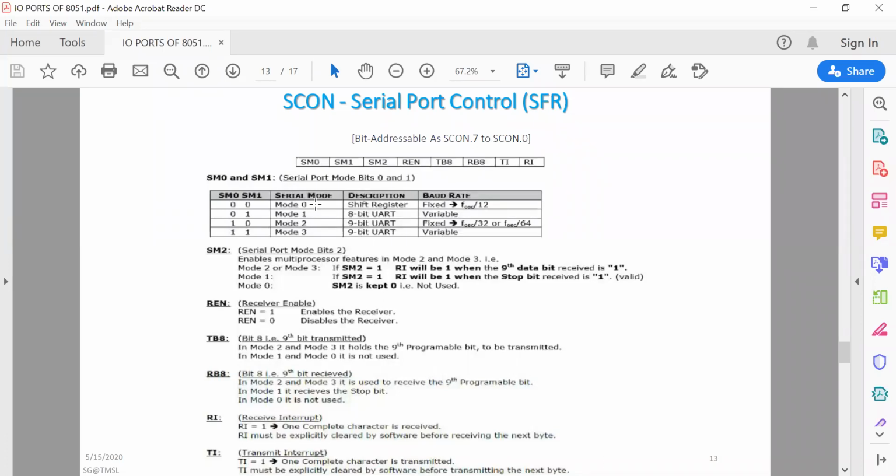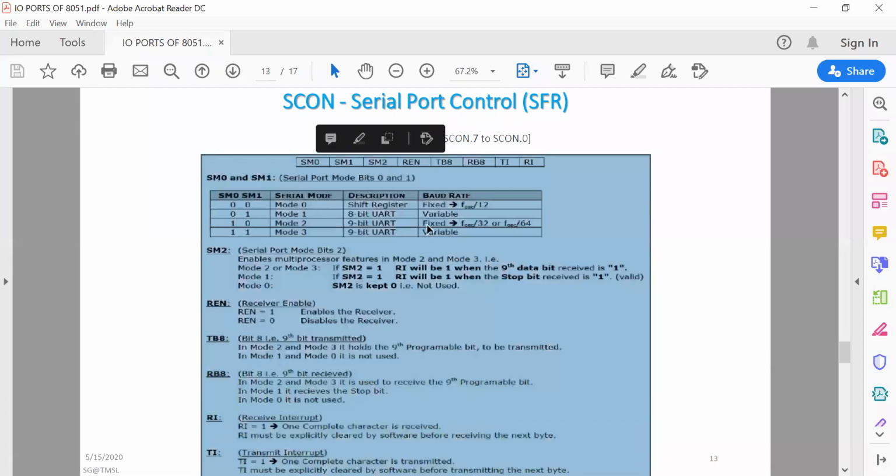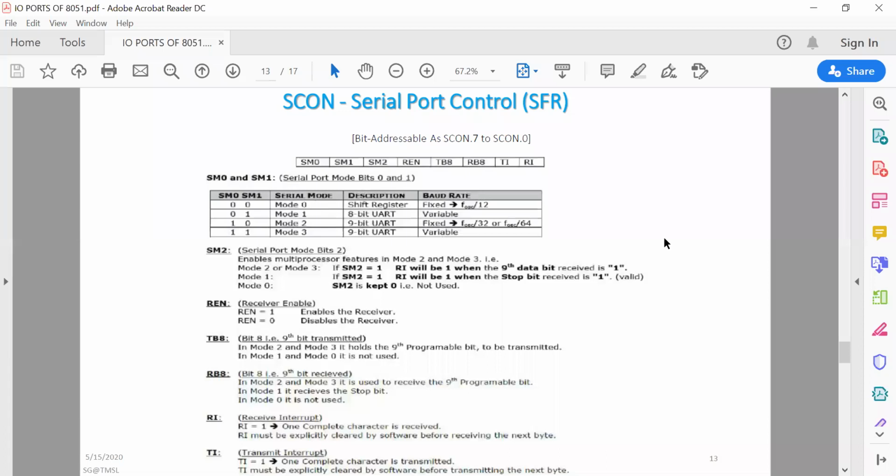The 8051 microcontroller has 4 modes: mode 0, mode 1, mode 2, mode 3 for serial data communication. If SM0 and SM1 are both 0 0, it is mode 0, the shift register mode, where the baud rate is fixed, that is the crystal oscillator frequency divided by 12, because the oscillator frequency is 12 megahertz.